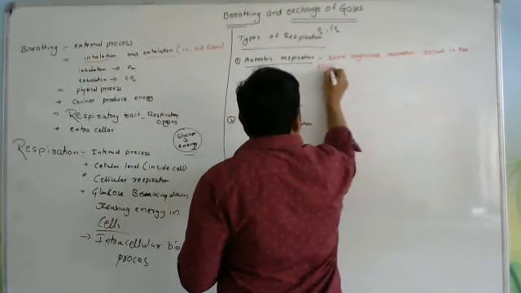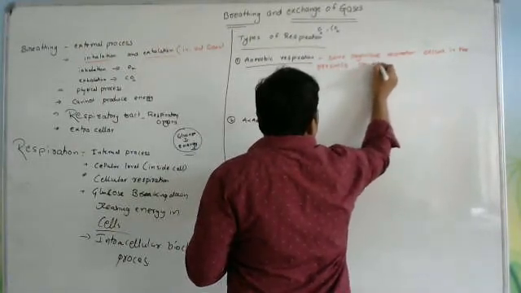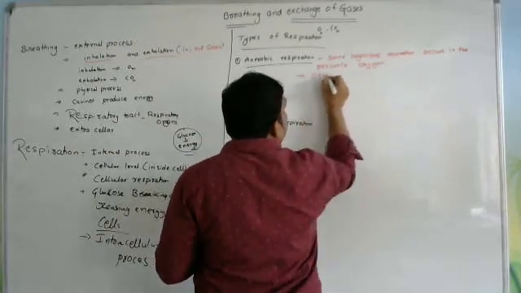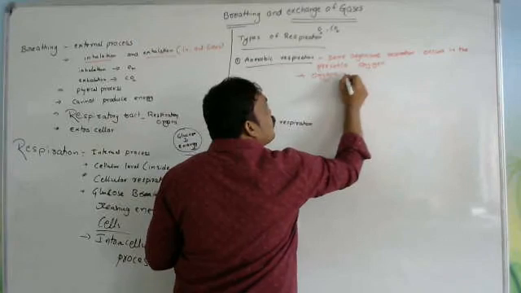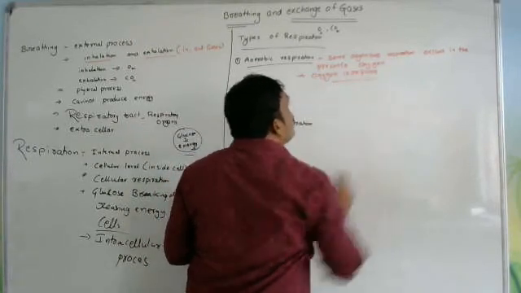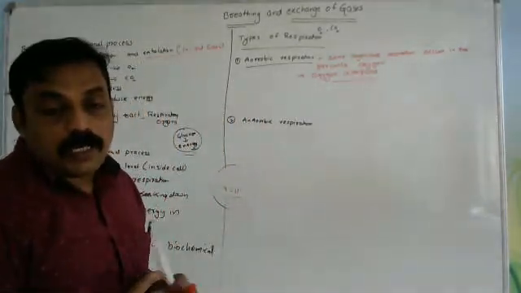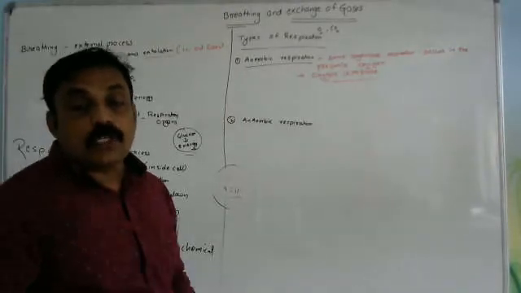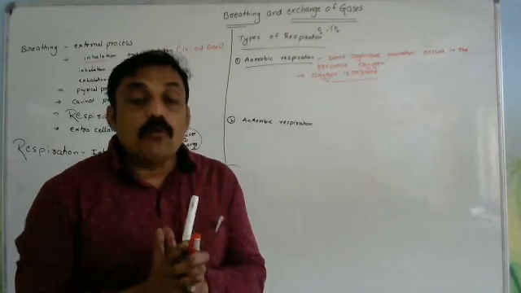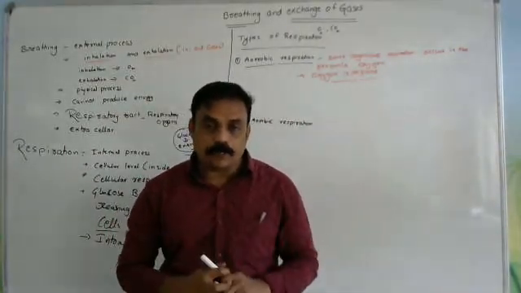Oxygen is required for these animals. So aerobic respiration means some organisms respire in the presence of oxygen. Oxygen is involved and required in the process of respiration.